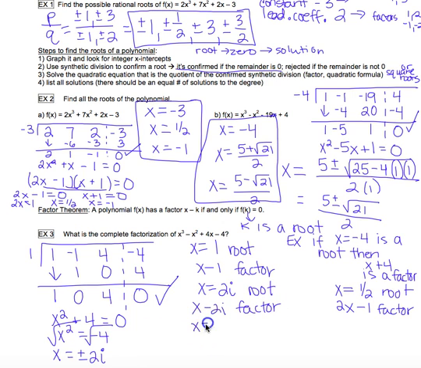And I have x equals -2i as a root, which means x plus 2i is a factor. So when it asks for the complete factorization, here's a factor, here's a factor, here's a factor. It is degree 3, so it should have 3 factors. It doesn't matter that some of them are imaginary.